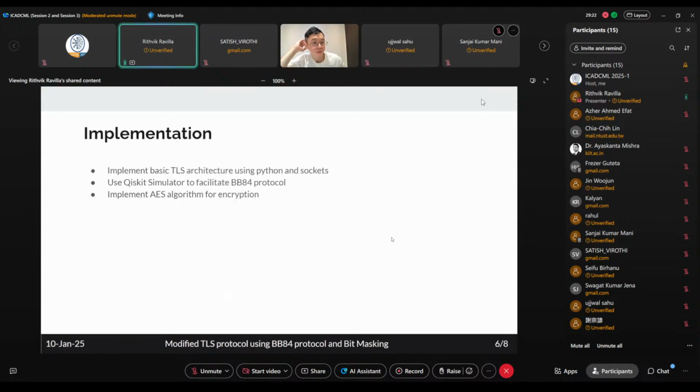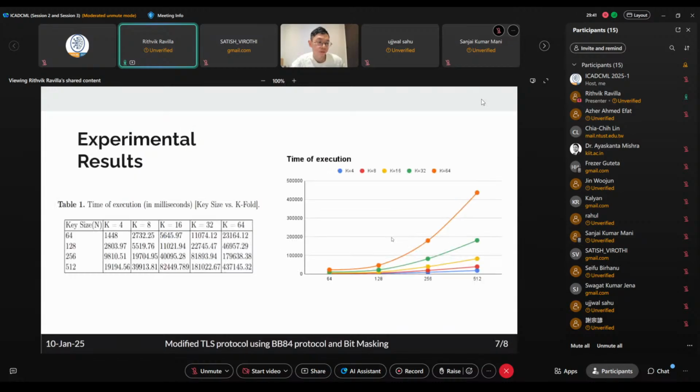For implementation, we tested it on the basic TLS architecture using Python and sockets. Furthermore, we used Qiskit to facilitate BB84 communication, as well as for encryption of the messages sent between two parties using the shared key. We used the AES algorithm for encryption.